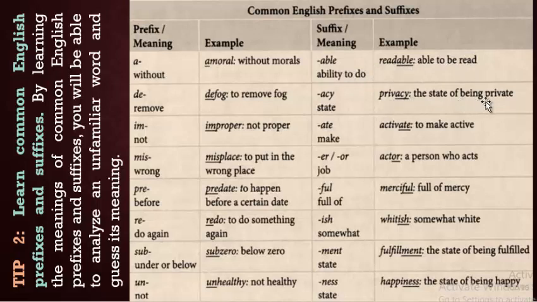Privacy, the state of being private. Activate, to make active. Actor, a person who acts. Merciful, full of mercy. Whitish, somewhat white, meaning leaning toward white. Fulfillment, the state of being fulfilled. And happiness, the state of being happy.